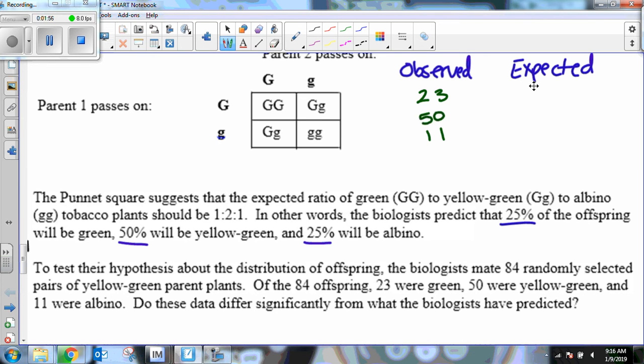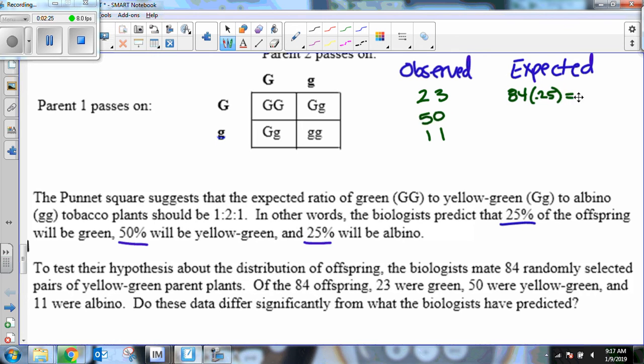So what we want to do now is calculate the expected counts. What would we expect to see? Well, remember that we took a sample of 84, and we expect to see the claim from the biologists, 25%, 50%, 25%. So for the dominant green, if our sample size is 84, we would expect to see 25% be green.